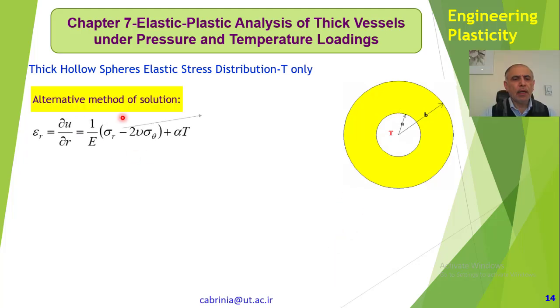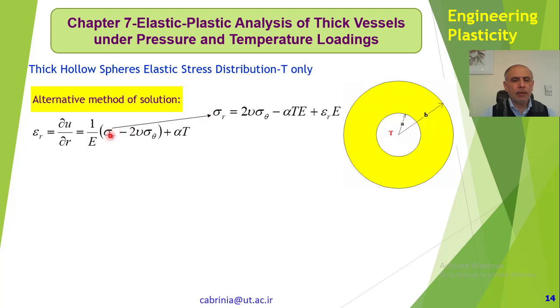Here we have an alternative method of solution to get the stress distribution like this. Epsilon R is the partial differentiation of U with respect to R, and we also had it at the beginning of this part. We showed that epsilon R is equal to this.